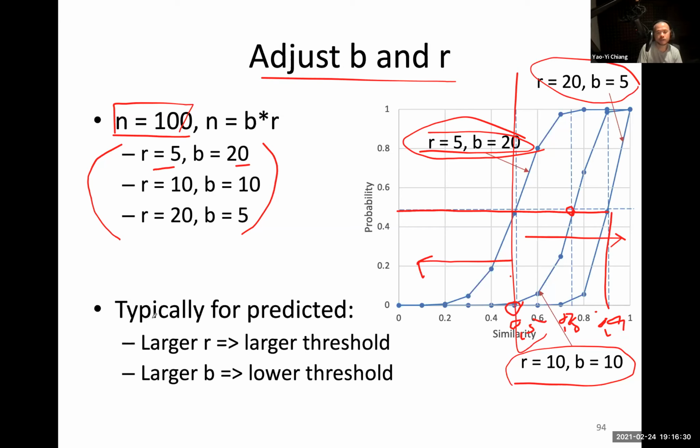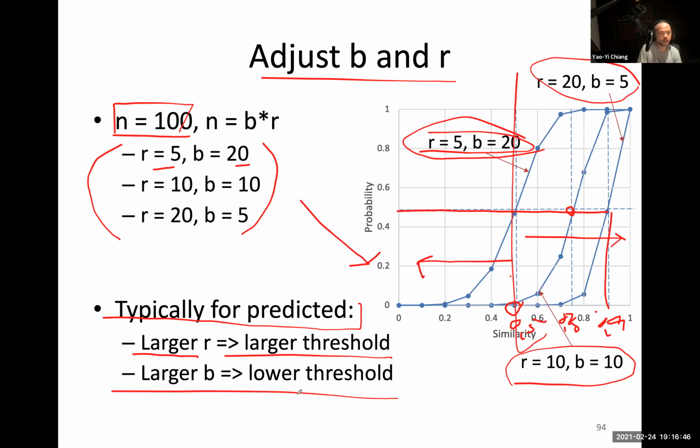So typically for the predicted ones, if you have larger R, you have larger threshold, because larger R value will push the curve in this direction, right? Then your midpoint will be somewhere here, giving you a threshold here. If you have larger B, you have smaller threshold. So your application defined similarity will be on this side of the chart.